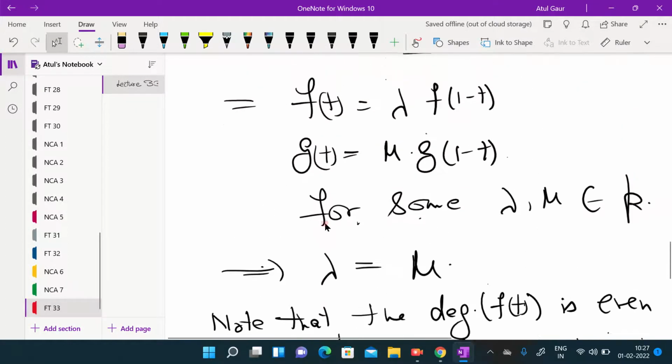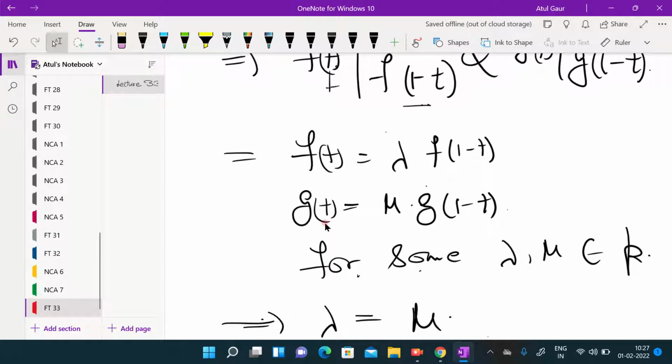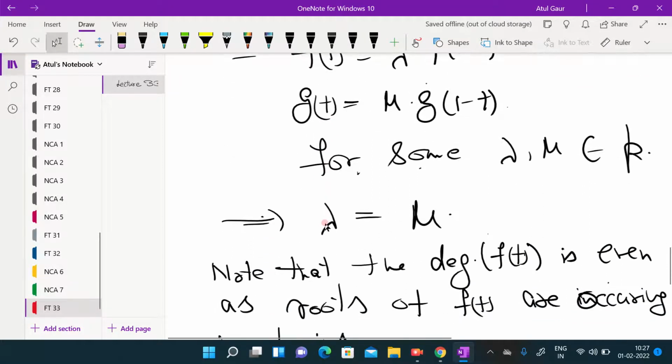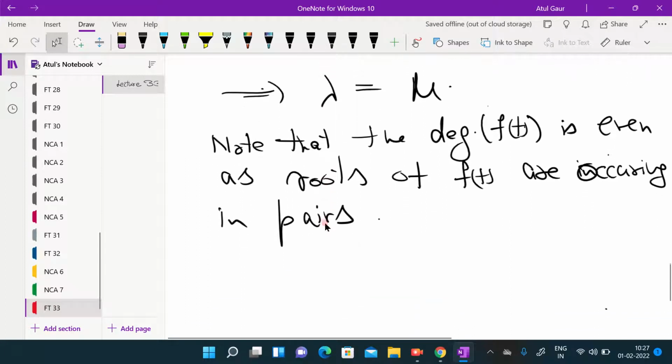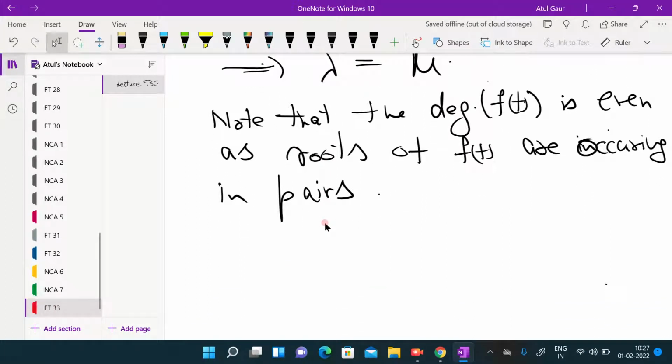So that means, now if the leading coefficient of f(t) is, suppose, a_n, what should be the leading coefficient of f(1 minus t)? If a_n is the leading coefficient of f(t), what should be the leading coefficient of f(1 minus t)? Anyone please?